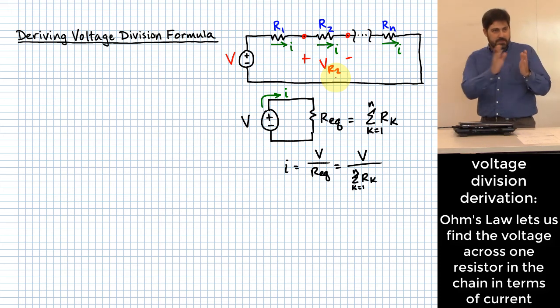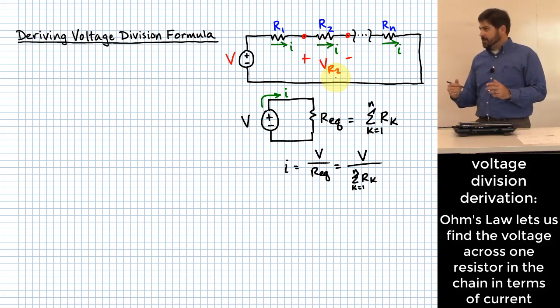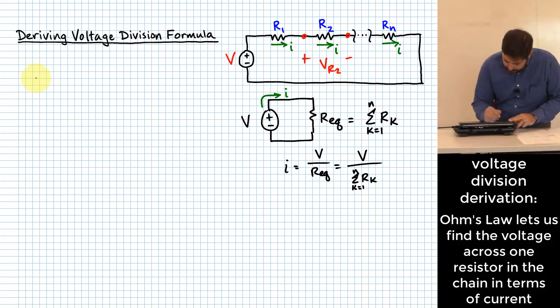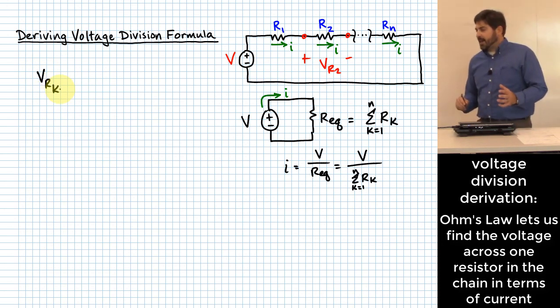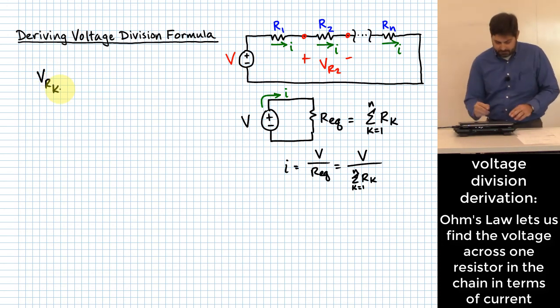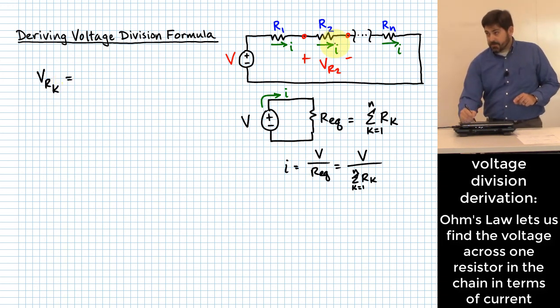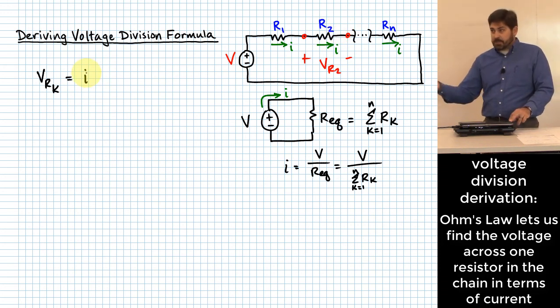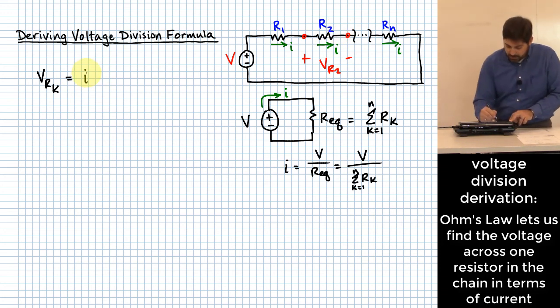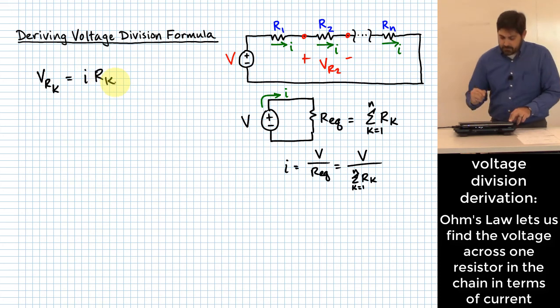For any of the resistors that are in this chain, I can basically label that with something like VR sub K. Does that make sense? So VRK. Now, how do I get that? The current I just found, I, multiplied by that particular resistance value, which is going to be Rk.